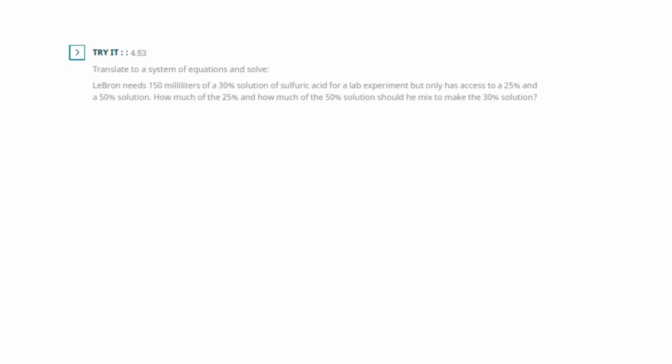Okay, let me help you set this up here. So we're just going to set it up again. I've got X is going to be the 25% acid, and this is going to be the 50%. So first of all, you can just pour them together and you're going to have 150 milliliters. But now, let's talk about how much acid is in each beaker. Now remember, you got to change the percents to decimals.